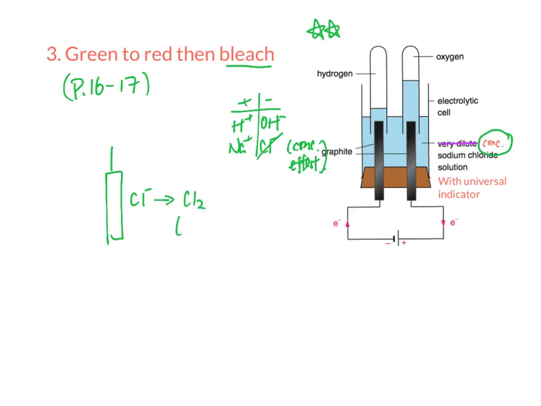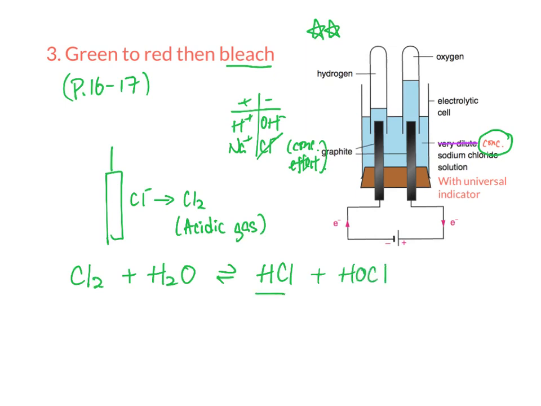Cl2 is an acidic gas. If you still remember the volume ratio issues, the chlorine gas produced will redissolve in the solution. Once the chlorine dissolves into the water, it will give out two kinds of acid. One is hydrochloric acid, which is obviously acidic.